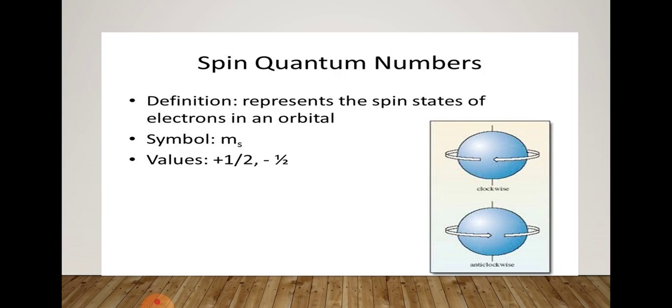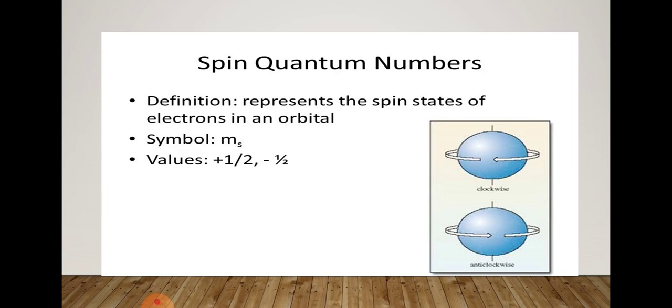MS is its symbol, and values are plus half and minus half. Very clearly in your book it is given that this quantum number is represented by S and accounts for the spin of the electron. This quantum number was not given by the Schrodinger wave equation used in the quantum mechanical treatment of the atom. It was introduced later on to define completely an electron in an atom.